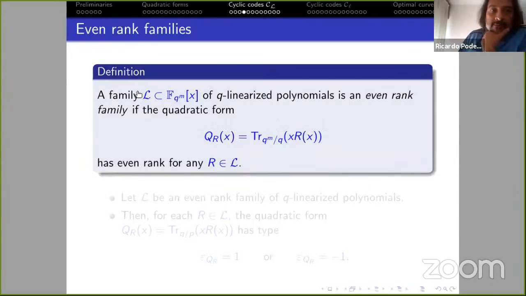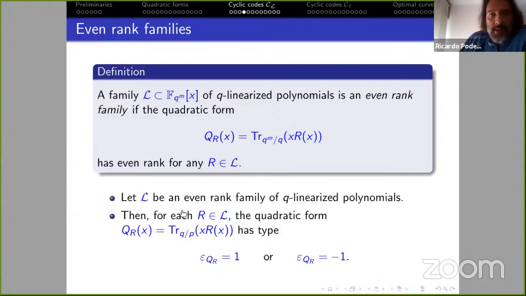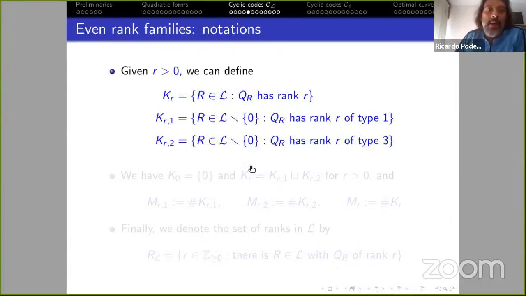We will say that a family of Q-linearized polynomials is an even rank family if every quadratic form of this type, moving the polynomial, is of even rank. In this case, we know by Clapper's result that the type of the quadratic form is either 1 or minus 1. So we can define these numbers.